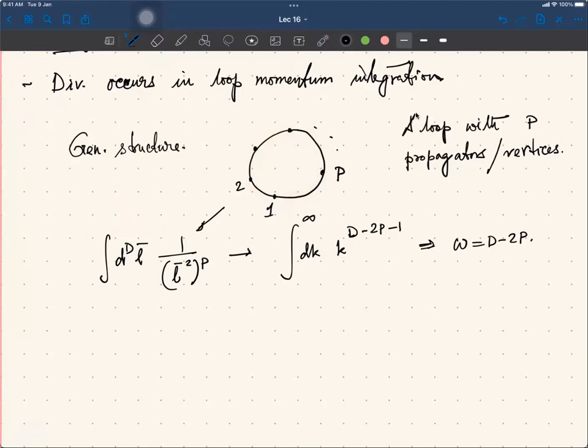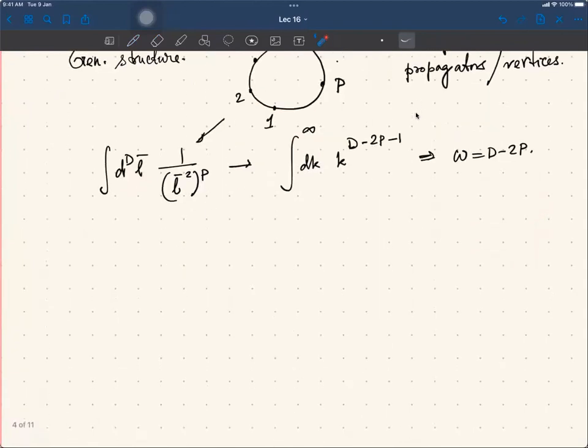Right? So basically what it means is, for each loop you have d powers of momentum in the numerator, and for each propagator you have k squared in the denominator. So that is d minus 2p. That is the superficial degree of divergence, omega.